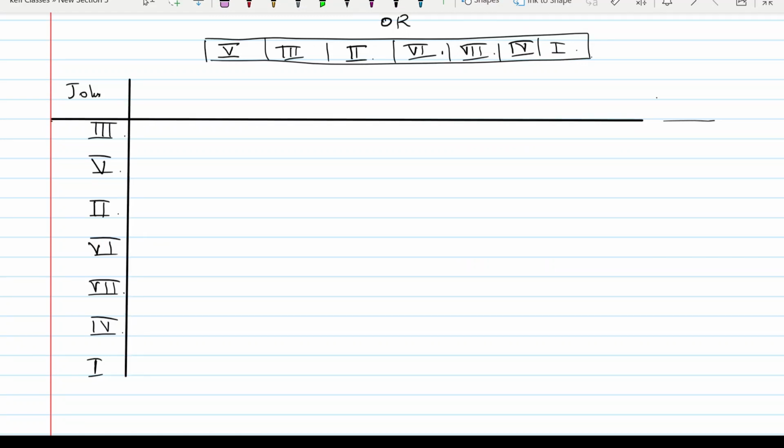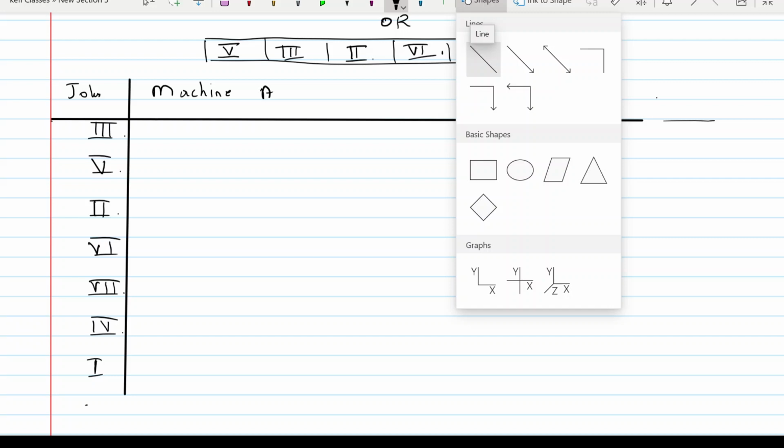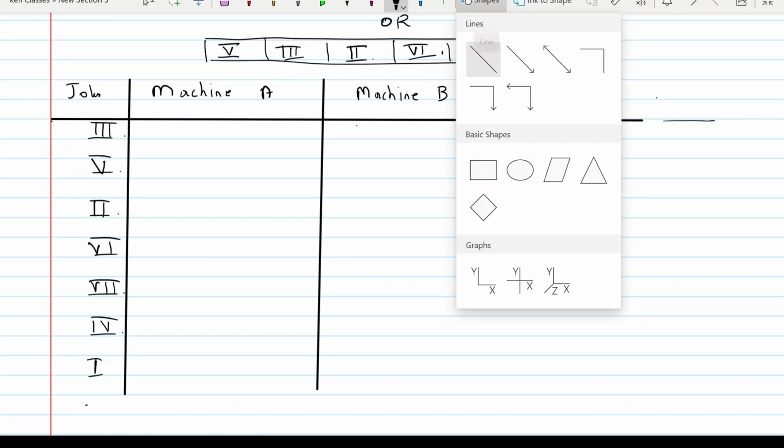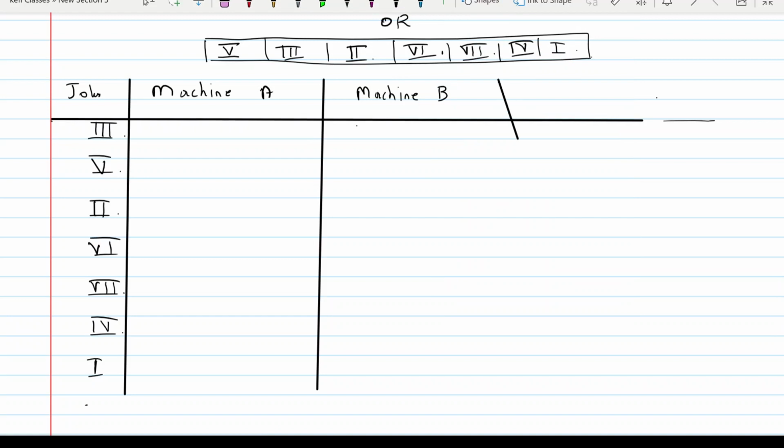So now you'll have to find for machine A. Machine B. Machine C.